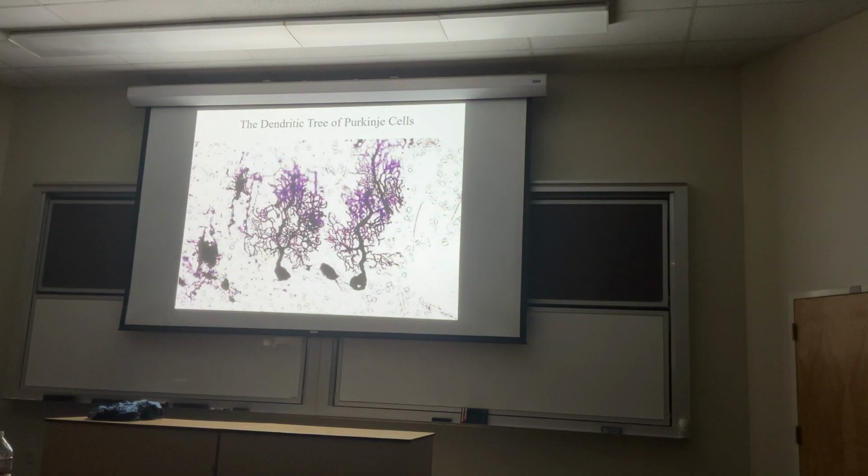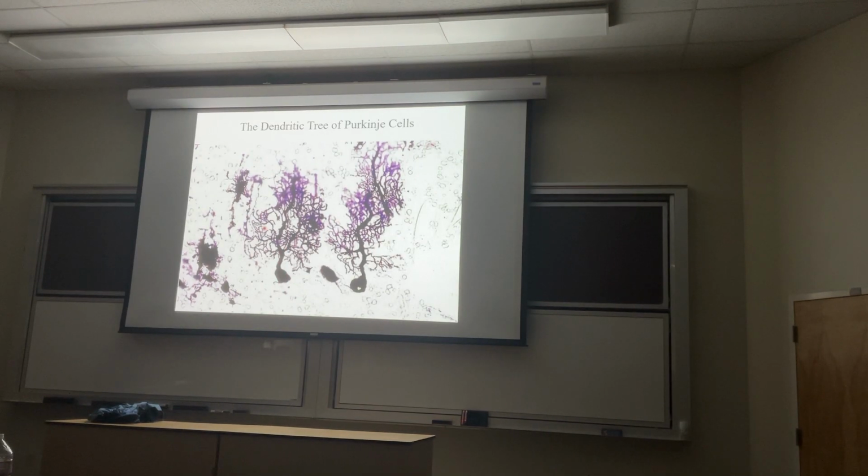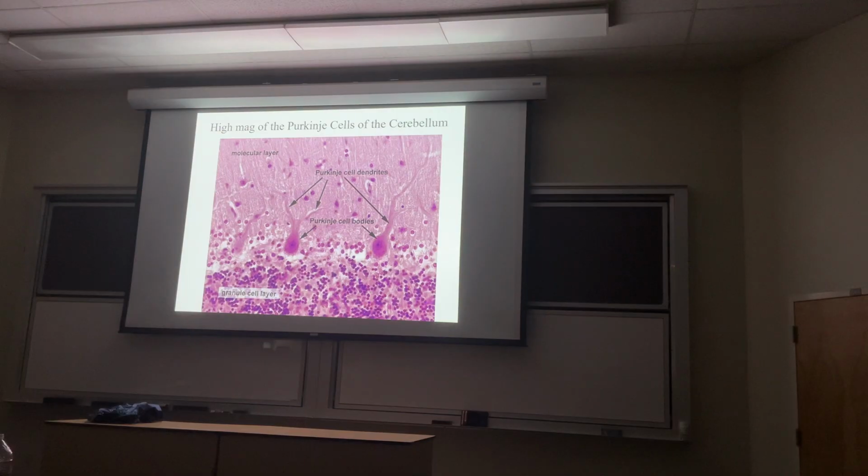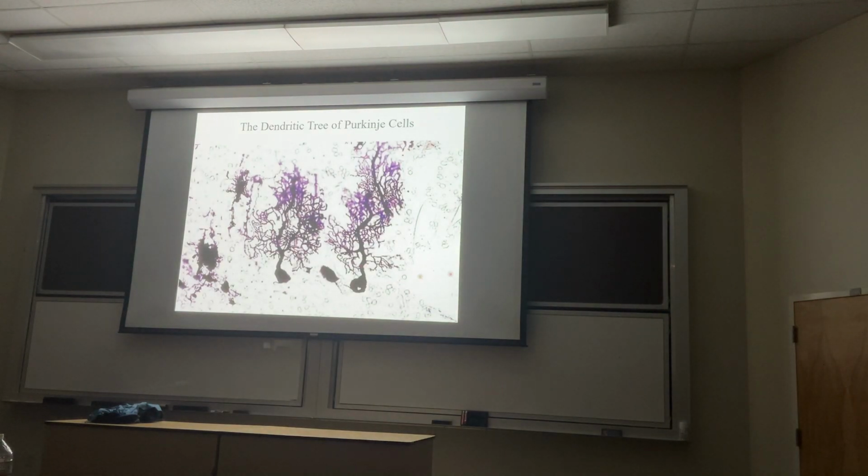This is the Golgi staining technique, which stains some of these. And you can now see these Purkinje cells with their processes and their nuclei. So this is kind of what they look like. Here, you can sort of see it, but here you can see the branching much more easily.